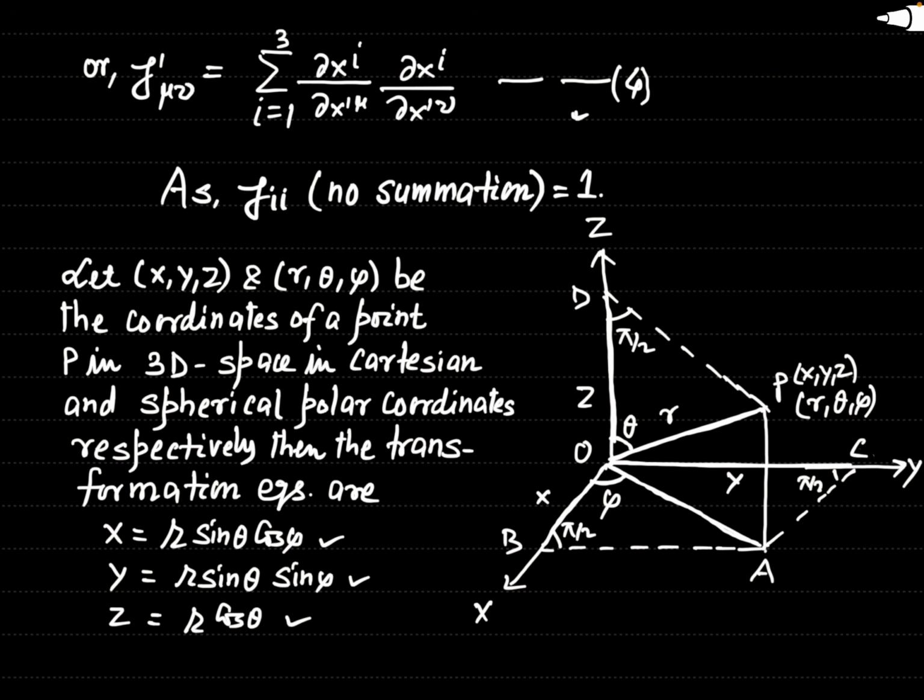You can prove this by taking the right angle triangle AOB and then the right angle triangle OPD, and derive these results. But you have to remember it. The derivation is not always needed, so in solving problems, you must remember these transformation equations.